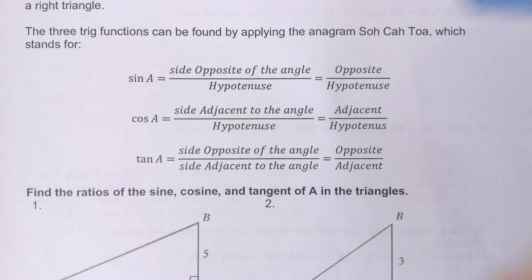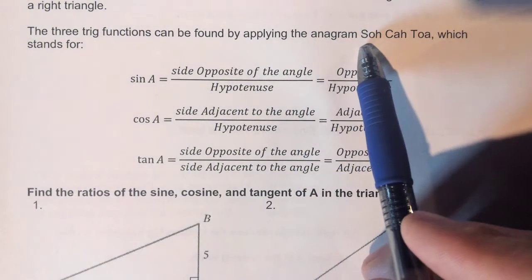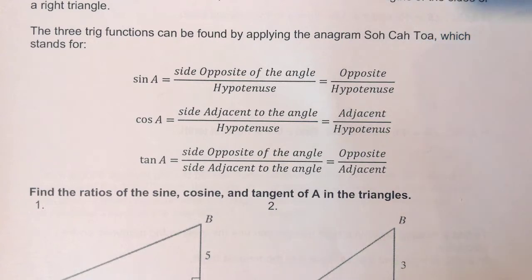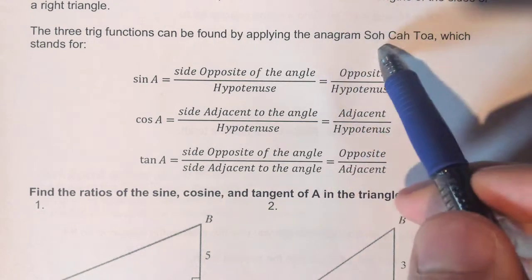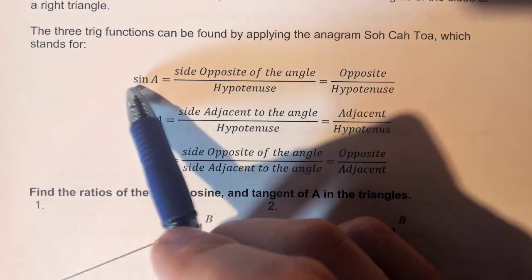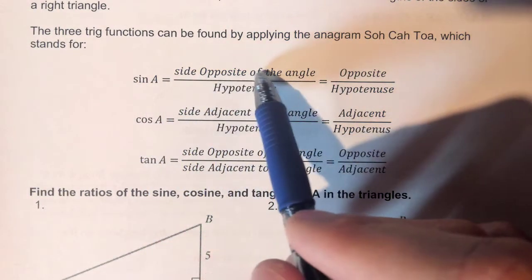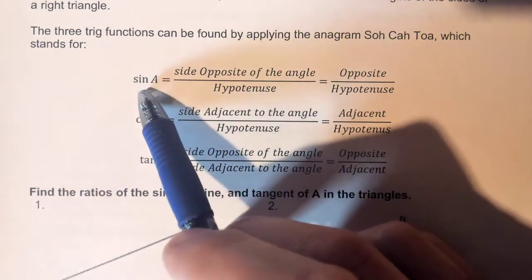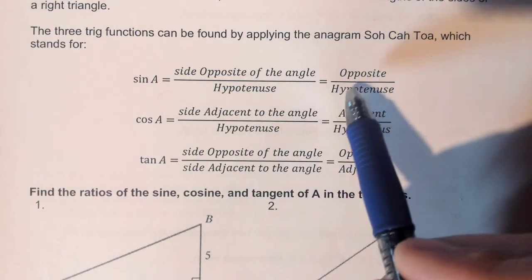Okay, so the three trig functions can be found by applying the anagram SOHCAHTOA. That helps you memorize how to use sine, cosine, and tangent, because sine is the side opposite of the angle that you're talking about over the hypotenuse.